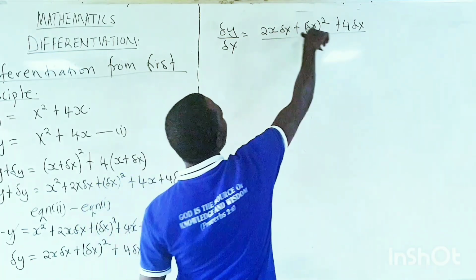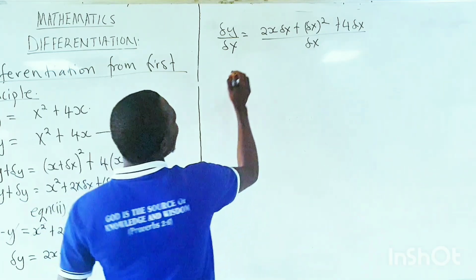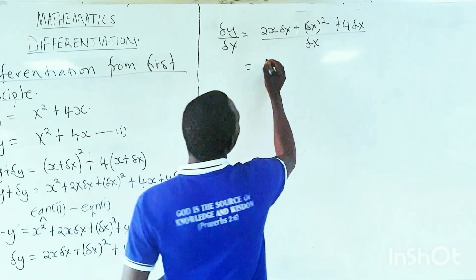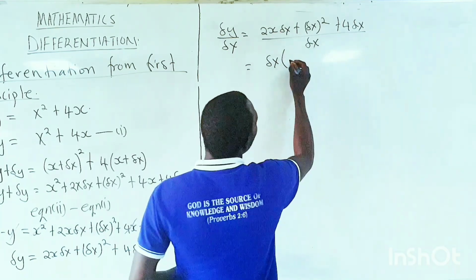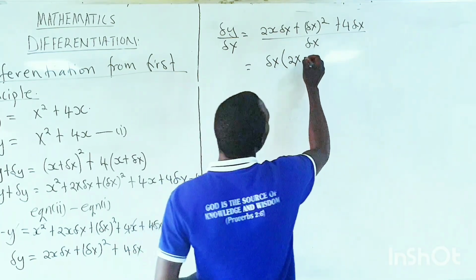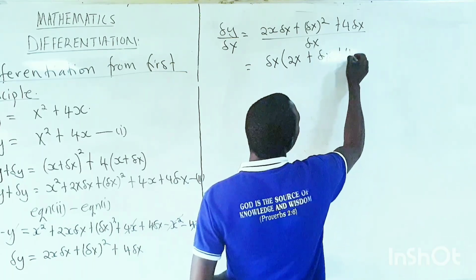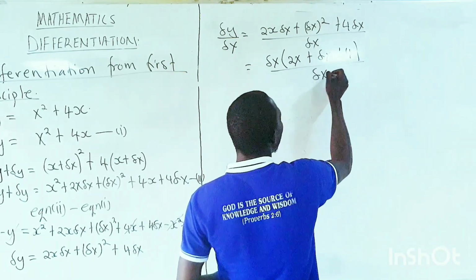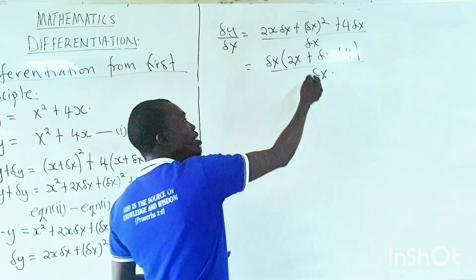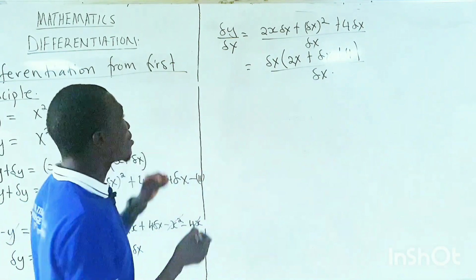When you factor out delta x from the numerator, we are remaining with delta x times 2x plus delta x plus 4, all over delta x. And we see that this delta x is cancelling with the one on top.